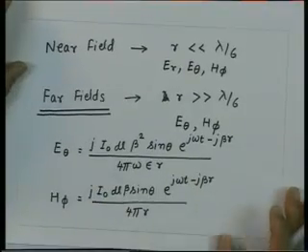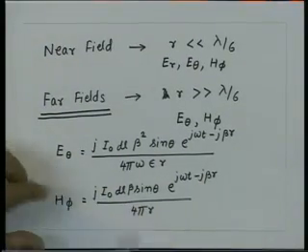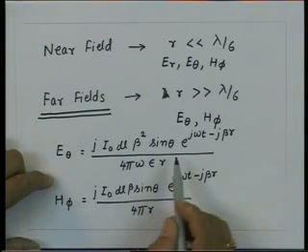Here we are not interested in the absolute electric and magnetic fields. What we are interested in is how this electric and magnetic field varies as a function of angle from the dipole. If I consider only the radiation field, what is the variation of E theta and H phi as a function of angles theta and phi?